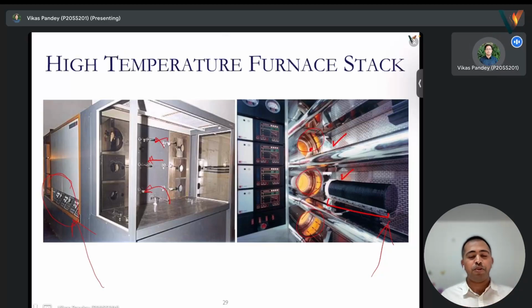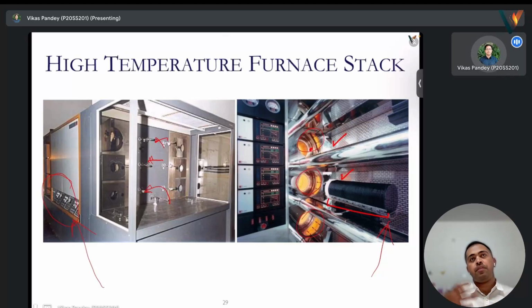Water cannot be put inside, so moist air is flowed, or direct oxygen is given. One more advantage of using wet oxidation is that the flow of oxygen cannot be very easy to maintain, whereas in the case of bubbling through, the flow rate can easily be brought down, and slowly we can put the air.